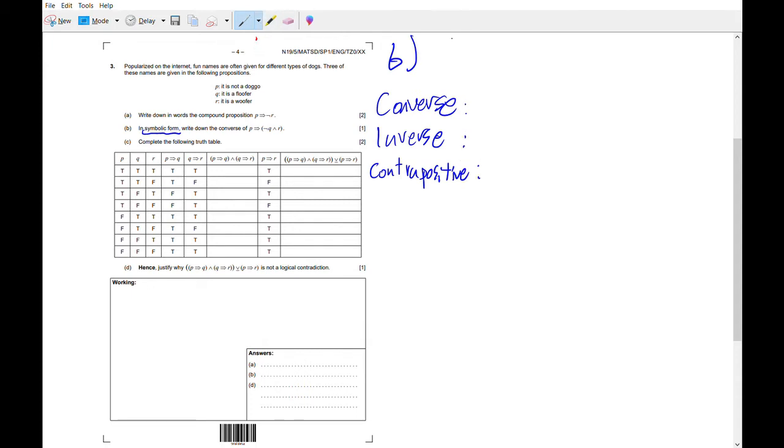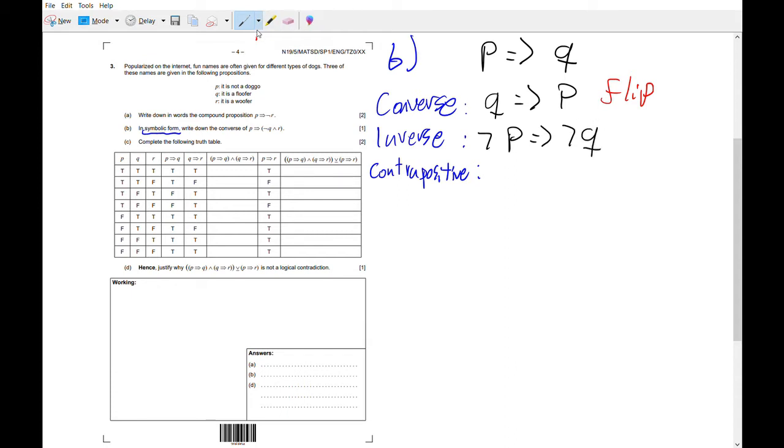Let's imagine that we have P implies Q, okay? For the converse of this, you're literally just going to flip it, okay? It's going to be Q implies P, right? So this first one, you just flip. For the inverse, however, you're going to add a not to both sides. So it's going to be not P implies not Q. So here's just the not on both sides.